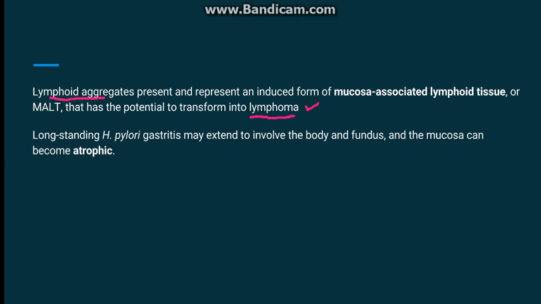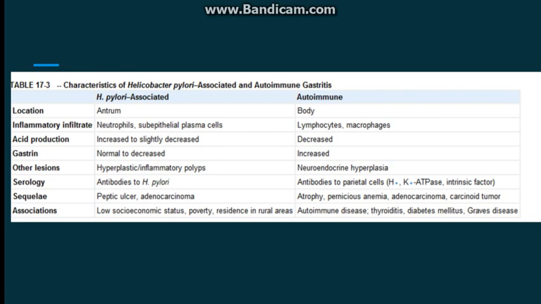And the H. pylori gastritis further can lead to atrophy of the mucosa. That means it can also lead to chronic atrophic gastritis later in life. Now, these are the two main causes of atrophic gastritis. One is H. pylori associated and second is autoimmune. We will discuss both when I discuss autoimmune gastritis.